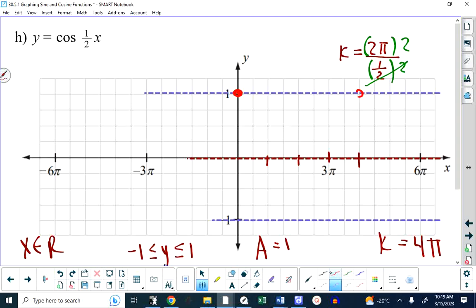If you wanted to sketch it, those would be your key points, and you could draw your 4 parts of the cycle, your 4 curves. And again, you could continue in both directions indefinitely. I see some of you sketching it, so I will sketch it as well.